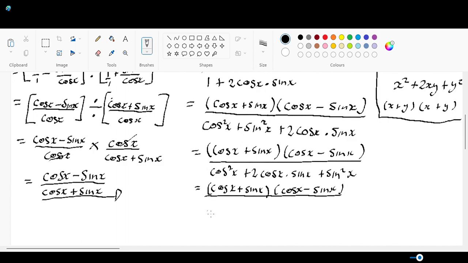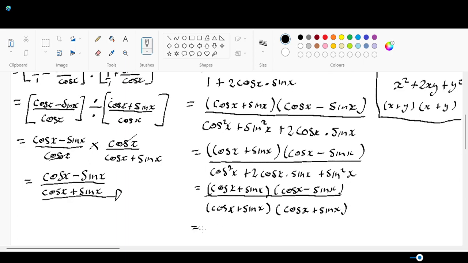So let's factorize. So remember, when you look at the example there, it's gonna be cos x plus sine x, and then we have another bracket which is going to be cos x plus sine x.